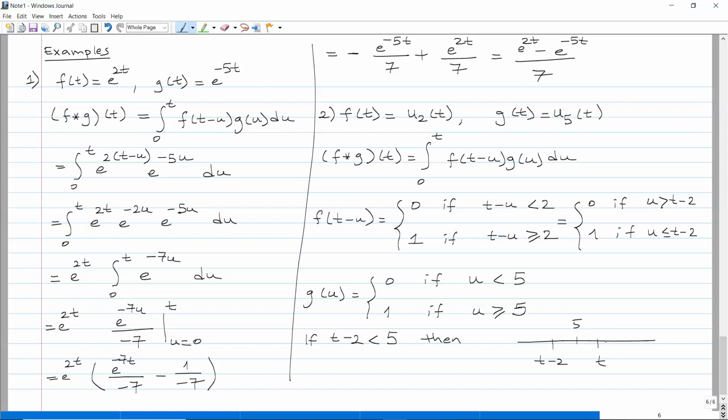When you break up your integral from 0 to t, from 0 to t minus 2, since 5 is up here, g of u is going to be 0.